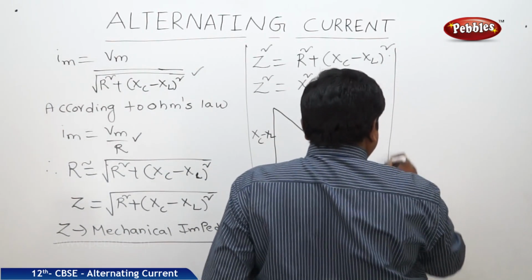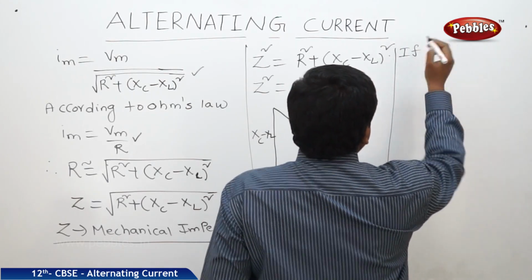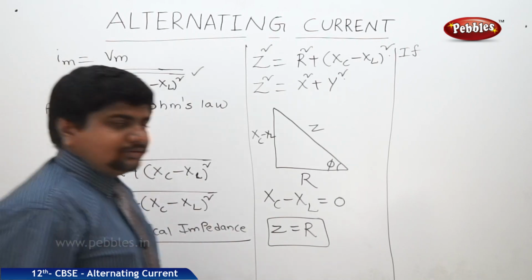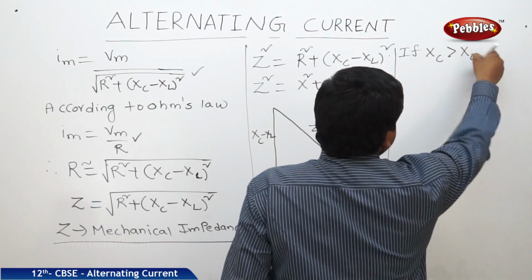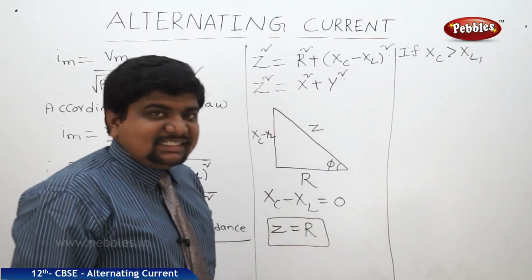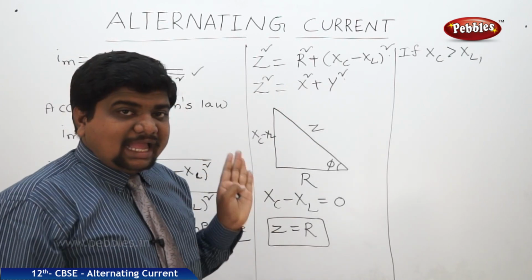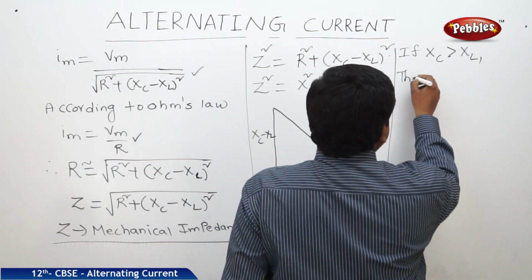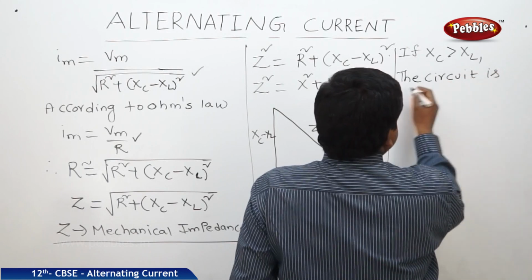If Xc is greater than XL, meaning capacitive reactance is greater than inductive reactance, the circuit will act as a capacitive circuit.